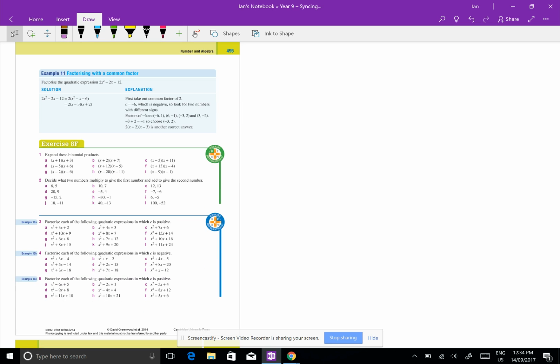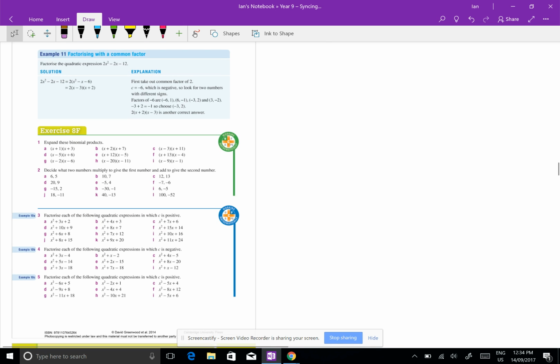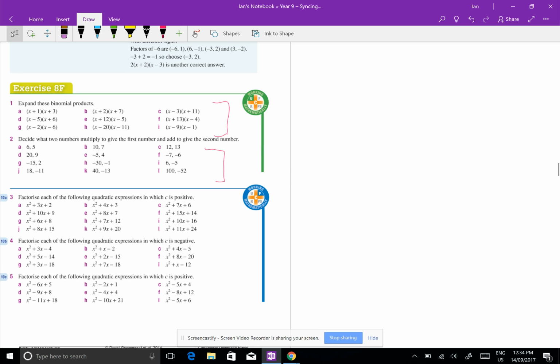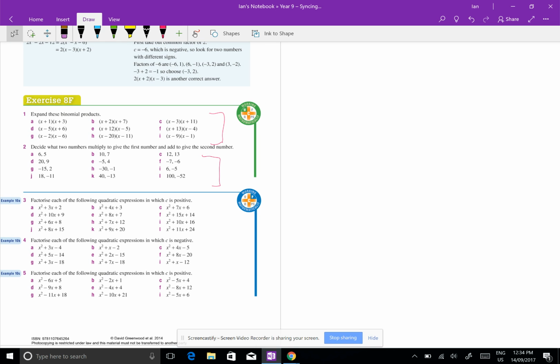So, in 8F, we're going to do 3, 4, 5, 6. They start by doing expansion. Well, we don't need to go back and do expansion, nor are we going to do these. We start with question 3. Factorise each of the following quadratic expressions in which C is positive.